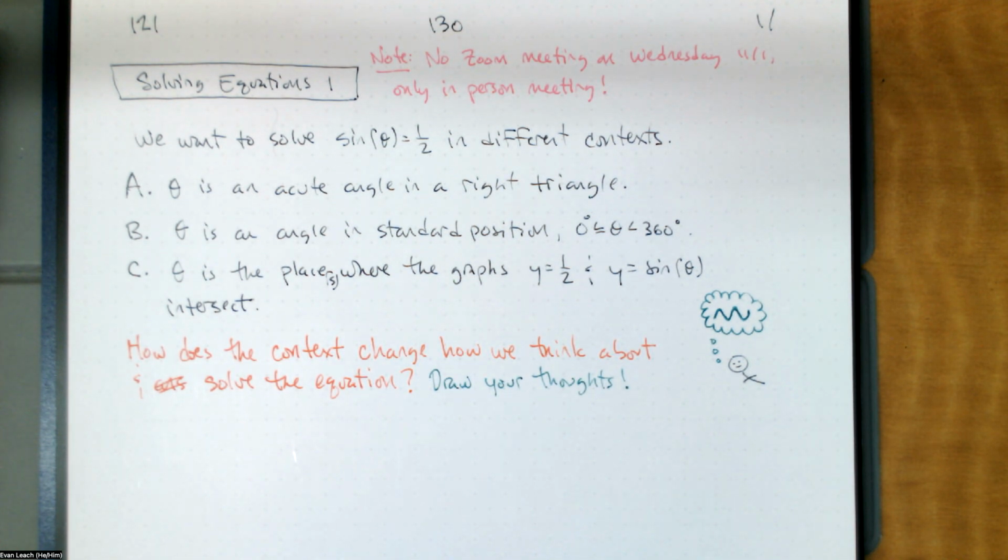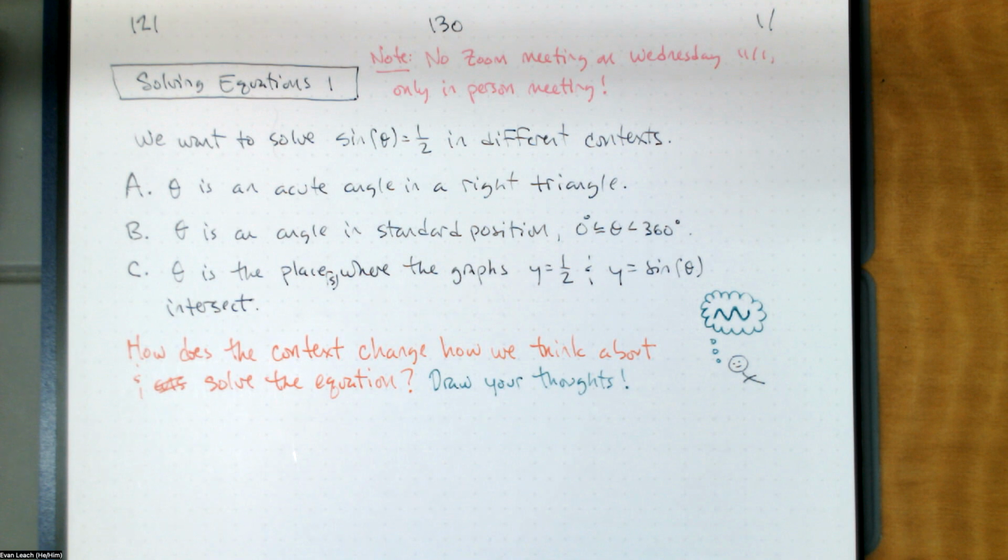Now we're looking at this equation in 3 different contexts, and it's going to change how we think about the problem. In part A, theta is an acute angle in a right triangle. In part B, theta is an angle in standard position, and theta is between 0 and 360 degrees.